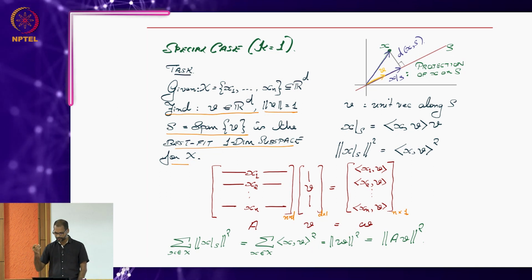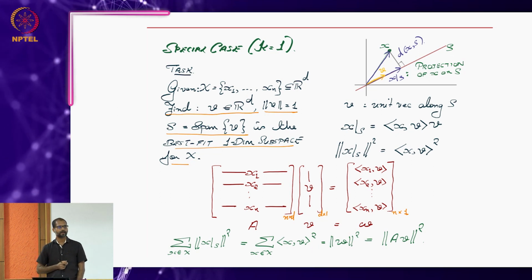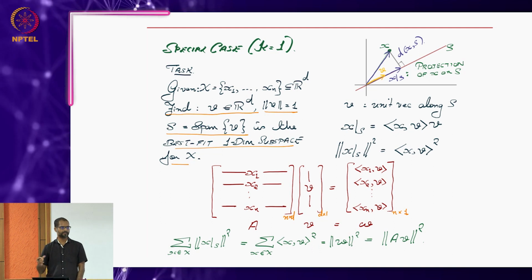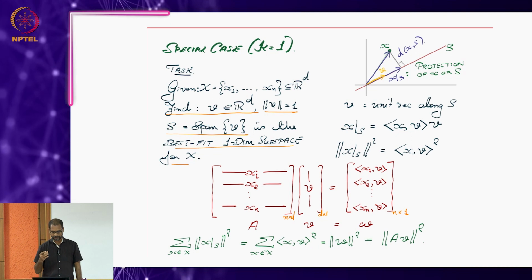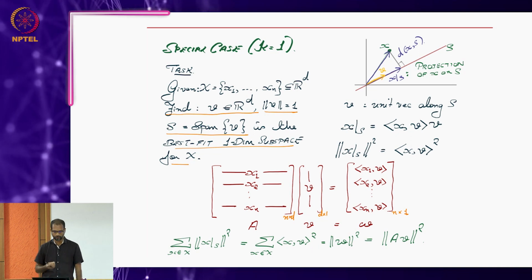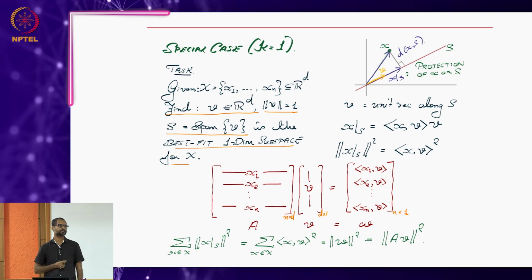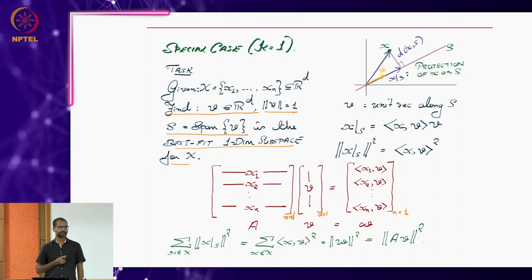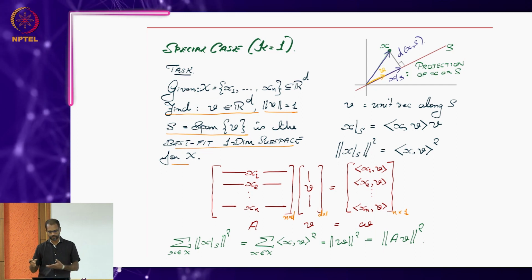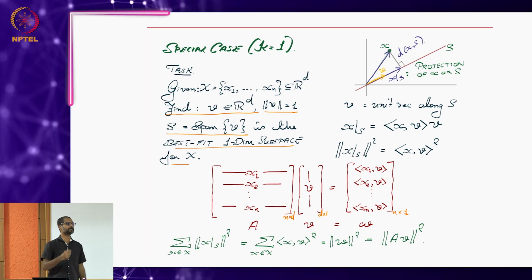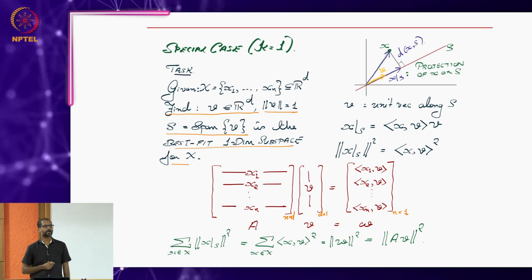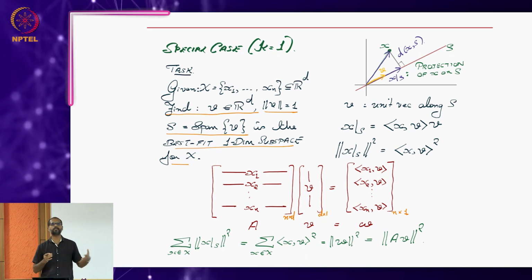So what is the first component in the product matrix? Product matrix is going to be a column vector. The first entry in that is going to be the inner product of x1 with v. Are you with me? Okay, x transpose v will be that. Similarly, the second thing. So in one matrix multiplication, I can capture the calculation of all the projection lengths.